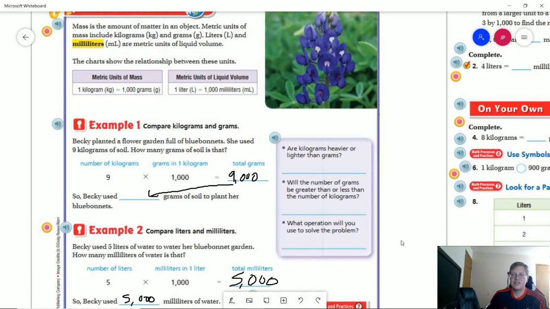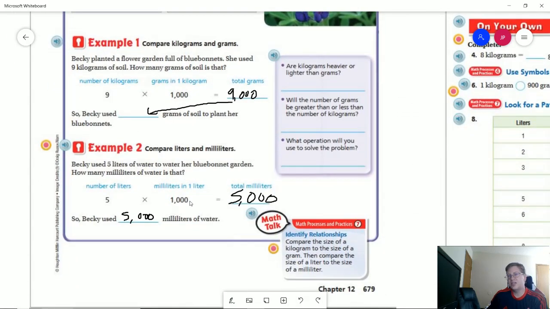If we did the same thing with liters and milliliters, it works the exact same way. And so we would end up changing to 5,000 milliliters, which gives us that. So we are not working with grams to milligrams. That's one of the things that's important to notice.